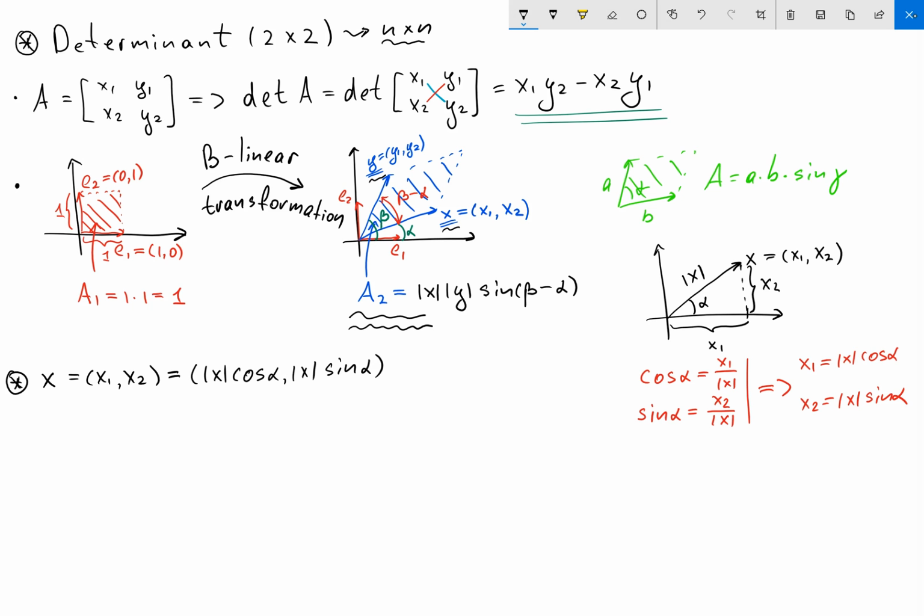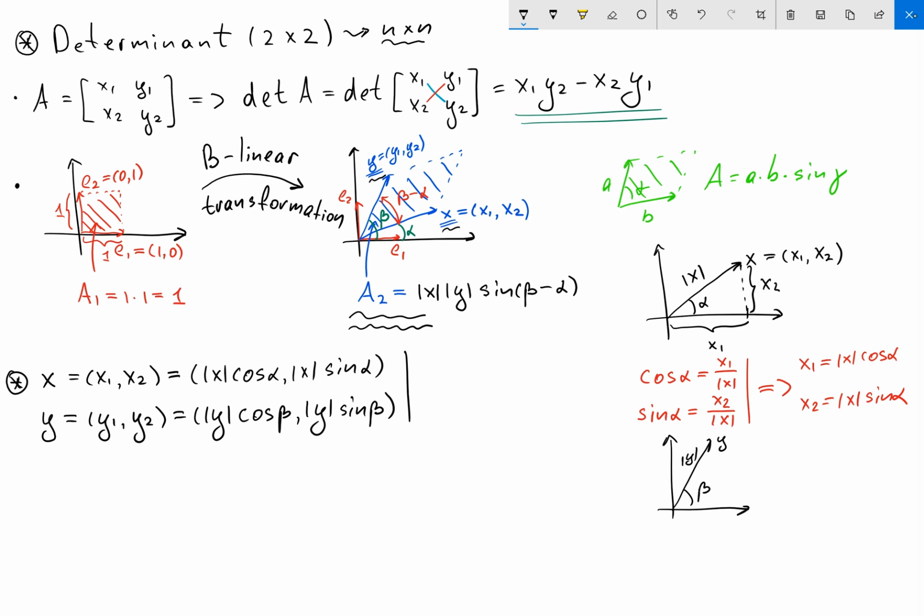So we got that x1 equals absolute value of x cosine alpha and x2 equals absolute value of x sine alpha. In the same way, we can show this is true for vector y, and by using the same procedure, we get that our vector y equals the following expression.